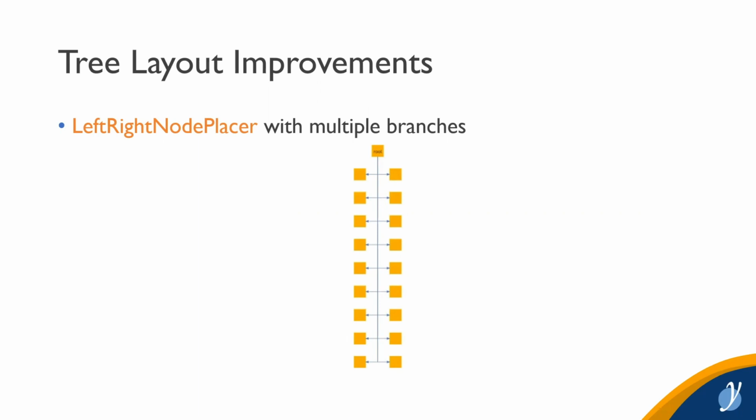In this case, we're using the so-called left-right placement strategy. It can be used for arranging subtrees on the left and right of a horizontal or vertical bus. This often results in a pleasant layout, although if there's a lot of nodes that belong to the same root node or subtree, the subtree may become very stretched, like in this example.